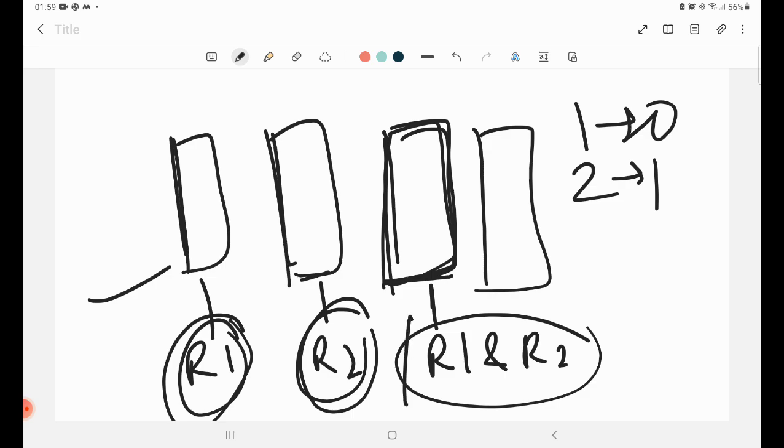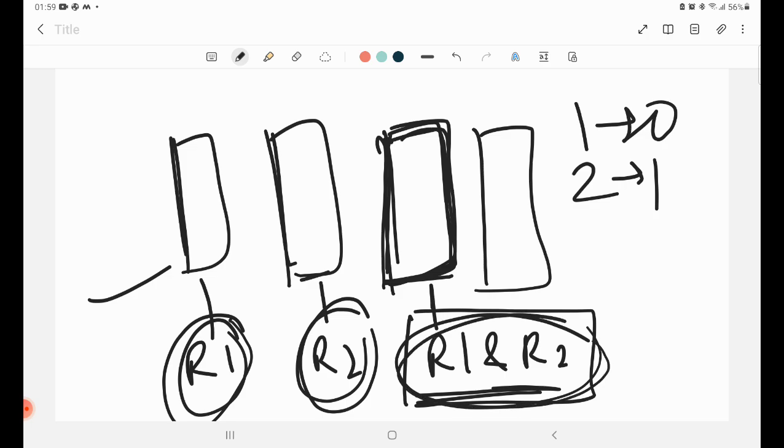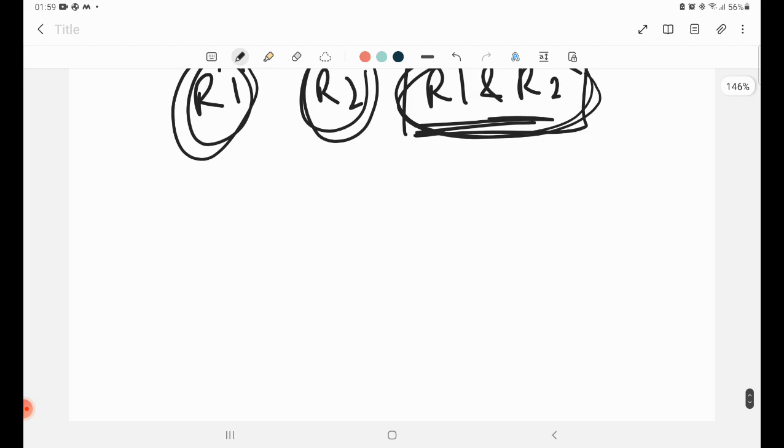Now there's also a case that R1 and R2 both die, right? Because they have both drunk the wine from this bottle. That's the third bottle. So if both die, it is the third bottle. And if none of them die, it's the fourth bottle, right?